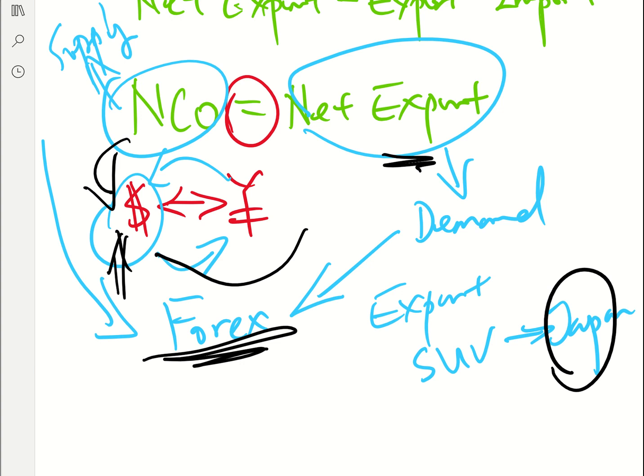They want to demand the dollars from the Forex market. So this is the supply for US dollar, and this will be the demand for US dollar. Okay, so again, this equation here is only right whenever the conditions are met, but don't think of this as a hard equal sign. So this is supply and demand, and only at equilibrium will your NCO equal your net export.